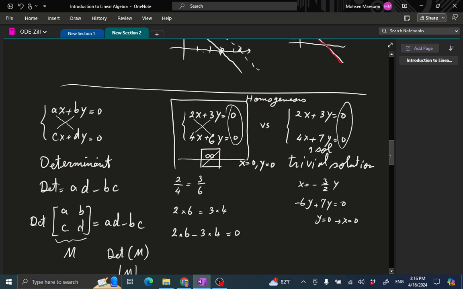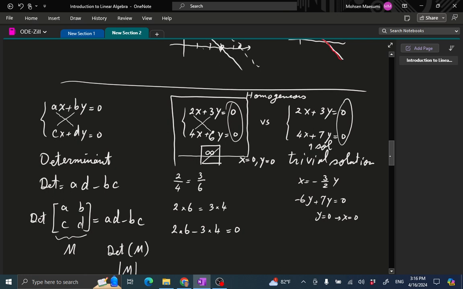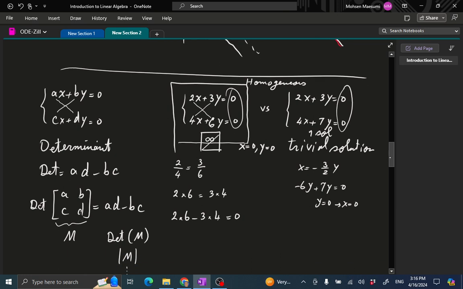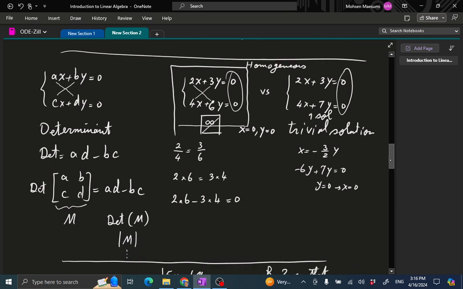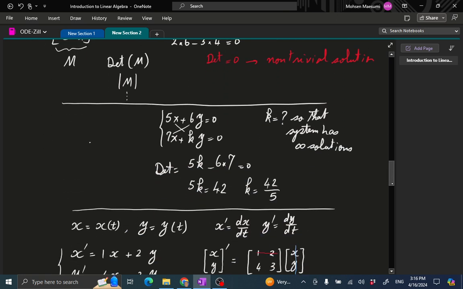The question is, is there any non-trivial solution? The only condition that is theoretically easy to apply is that the determinant of your system has to be 0. That is the important observation: determinant 0 gives us non-trivial solutions.